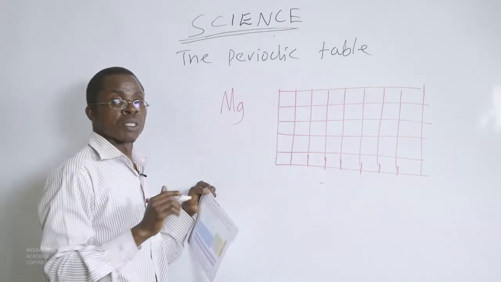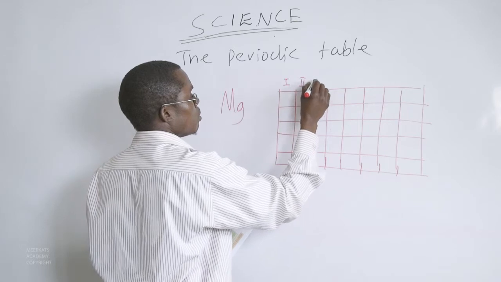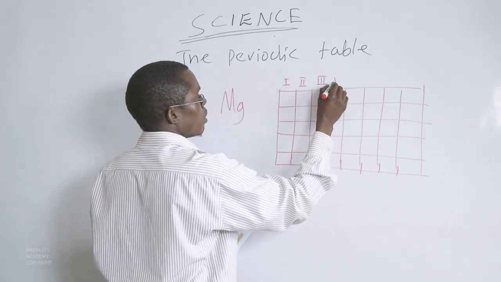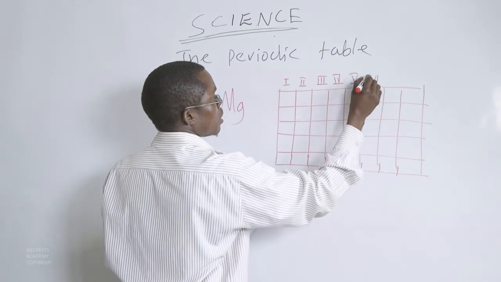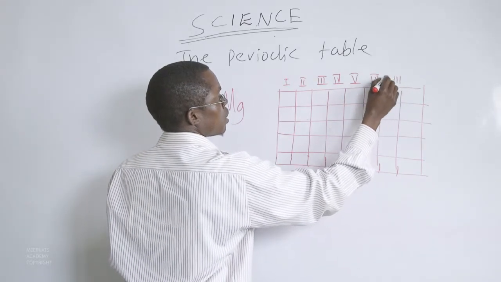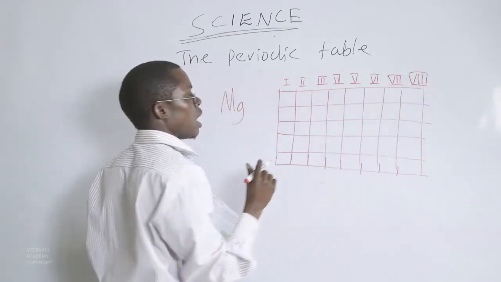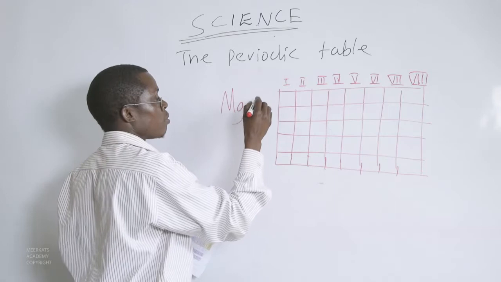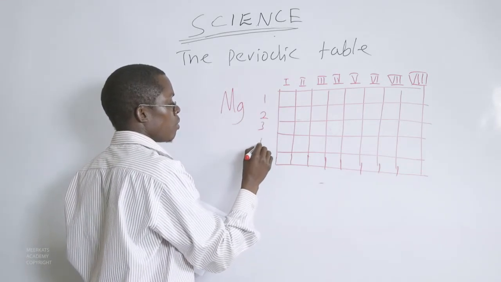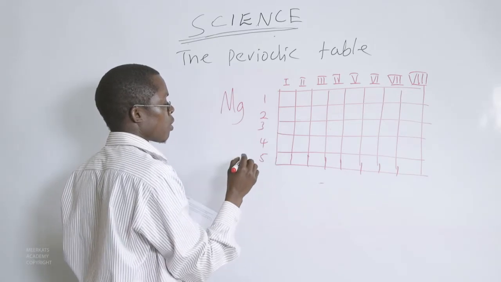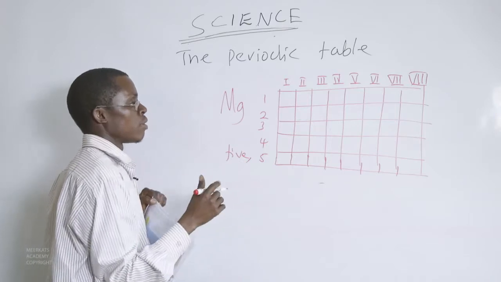When writing groups, we use this format: 1, 2, 3, 4, 5, 6, 7, then lastly 8. And when writing periods, we use the format 1, 2, 3, 4, 5. Or you can as well write 5 this way, either of the two.